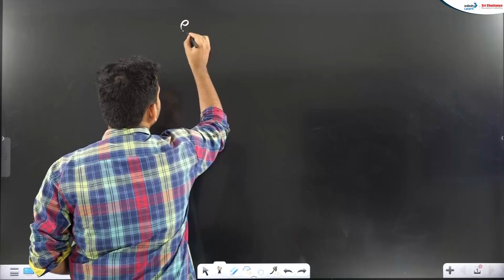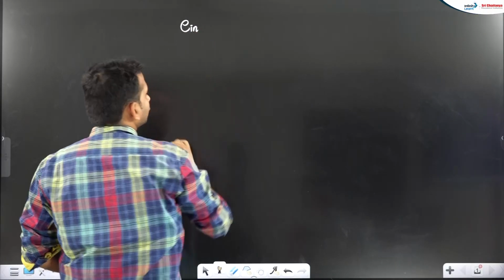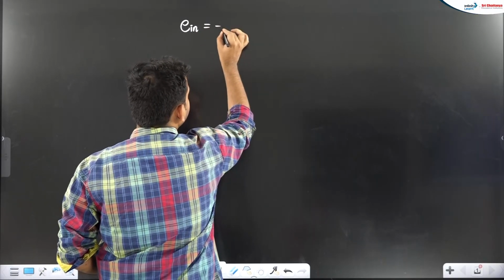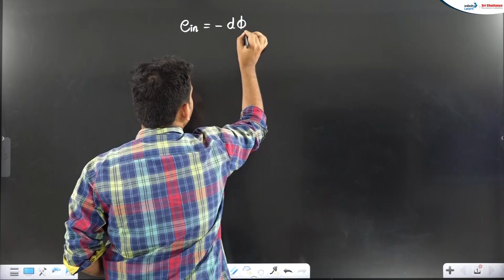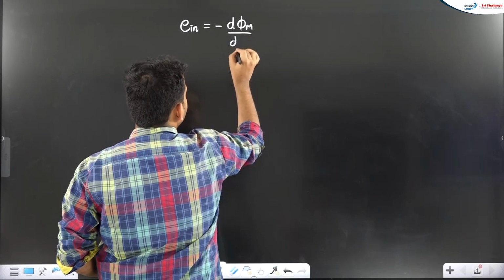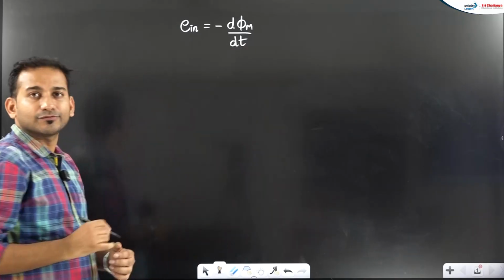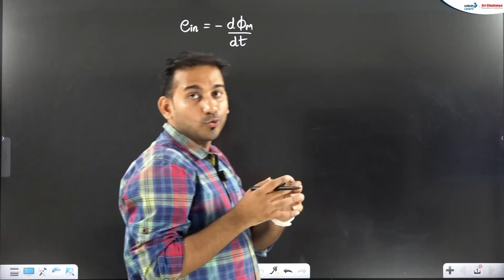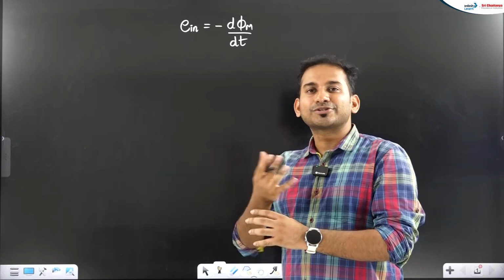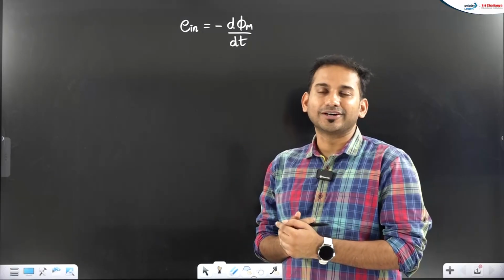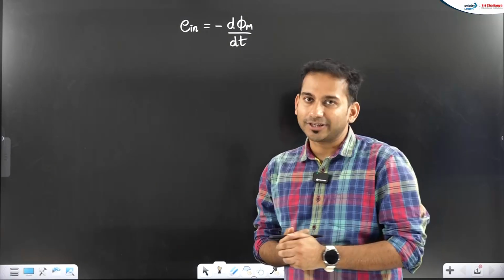As we know, the induced EMF is given by minus d phi m by dt. This is the fundamental formula, and this is the only formula around which the entire story of electromagnetic induction keeps going.